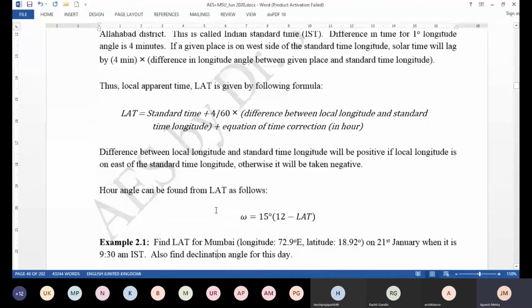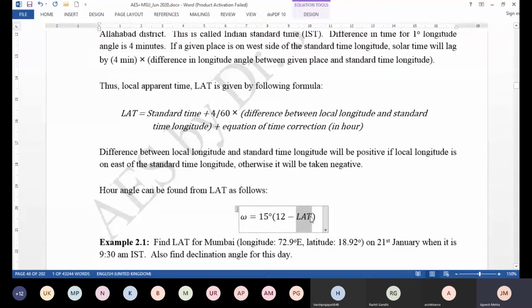And as I told earlier, our hour angle is very simple. If you can get the solar noon, omega is equal to 0, and 1 hour before that is 15 degrees, 2 hours before that is 30 degrees, 4 hours after the solar noon is 60 degrees. But how do you know the solar noon for a given place?